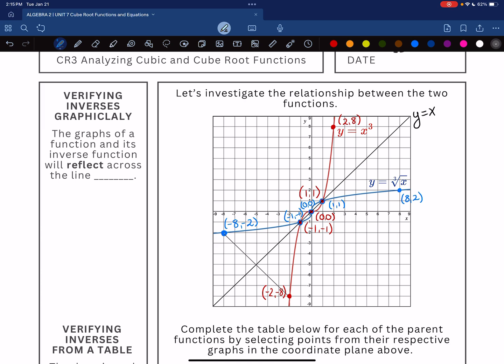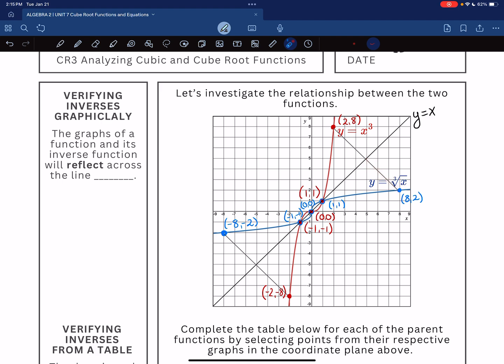Now, the 3 in the middle, they actually fall on that line. -1, -1, 0, 0, 1, 1, they are on that line. And then this point over here, 2, 8, and 8, 2, reflecting across that line. The distance, this distance right here, perfectly reflected onto the other side.